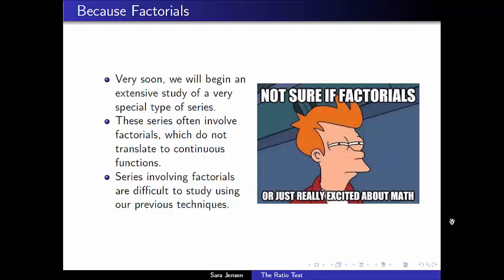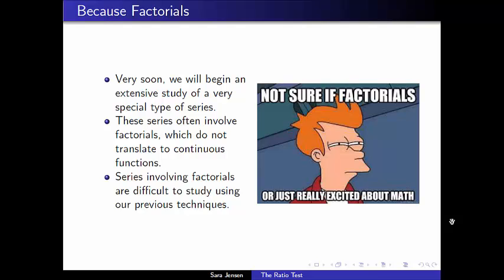Perhaps the biggest reason that we really need the ratio test is that up until this point, we have not had a very good mechanism for dealing with factorials when they appear in our series. And truly the reason that we're studying all these different types of series tests is because we're working towards something very big.